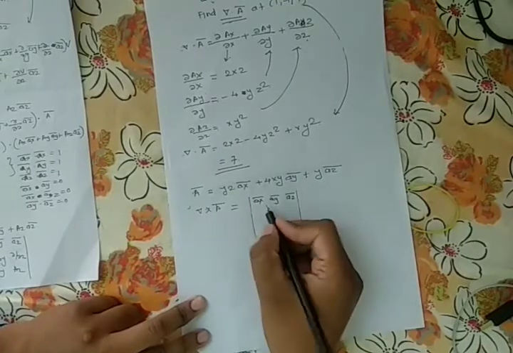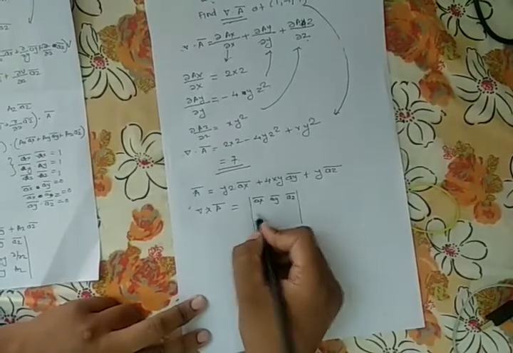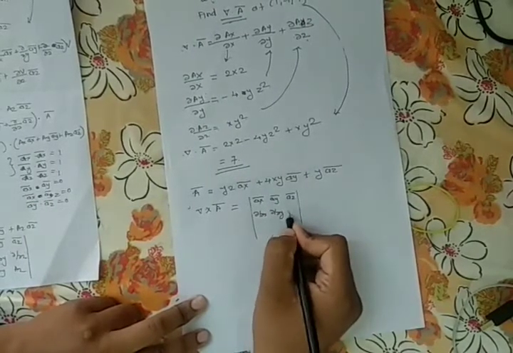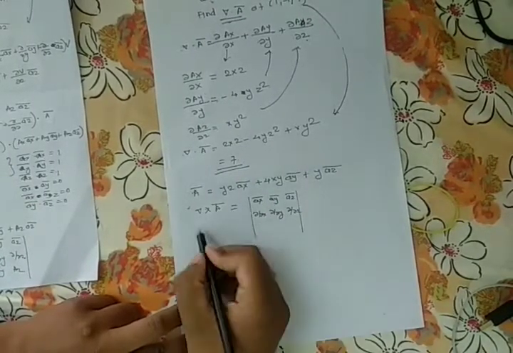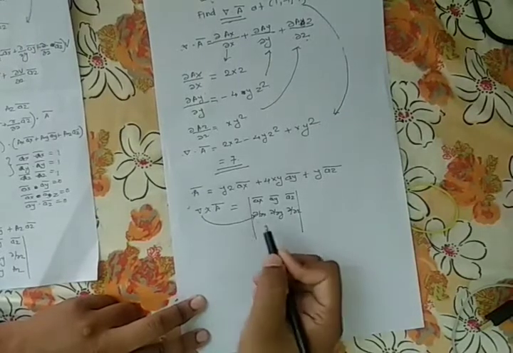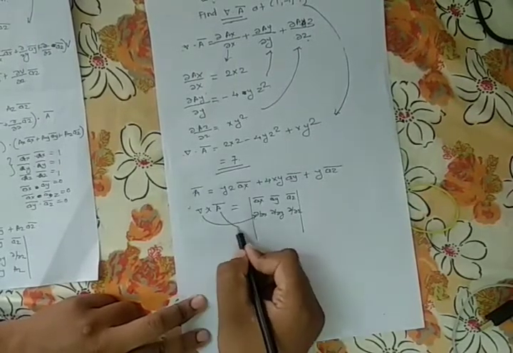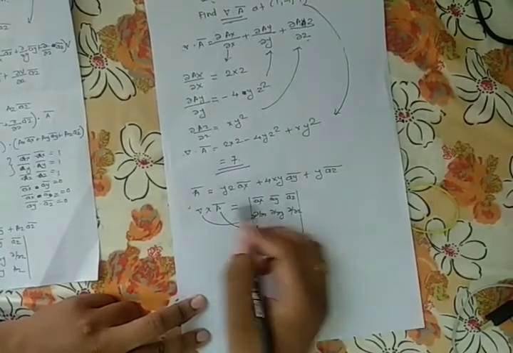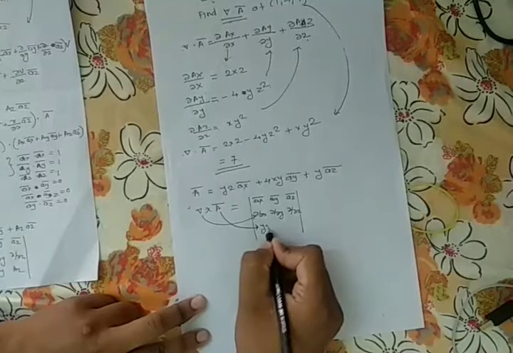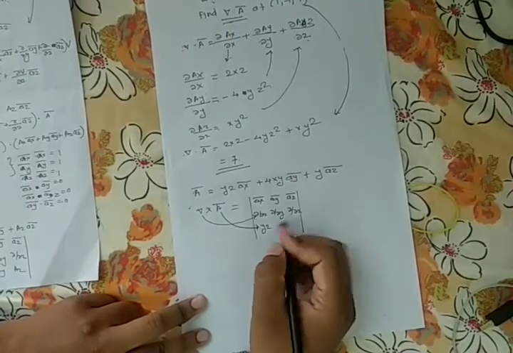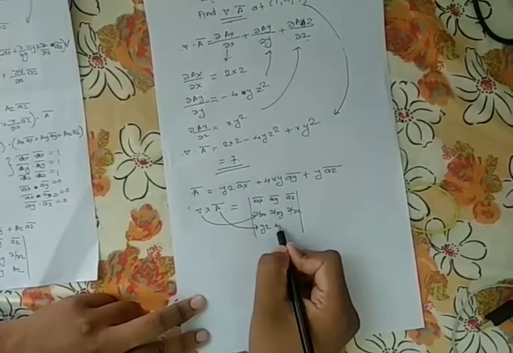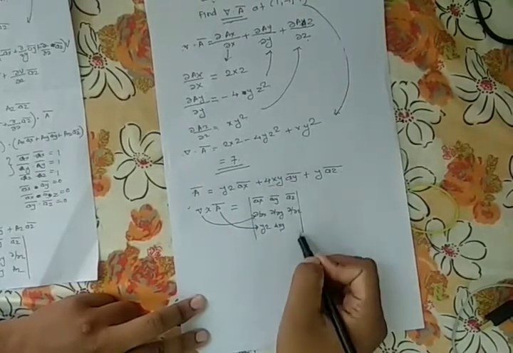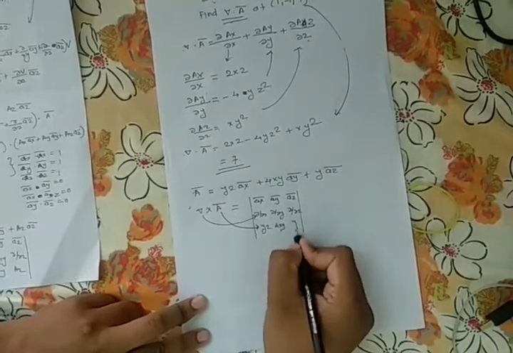And we have to write ∂/∂x, ∂/∂y, and ∂/∂z. So this is the del operator in the second row, and in the last row we have to write the components of A bar, that is yz, 4xy, and below az bar I will write y.